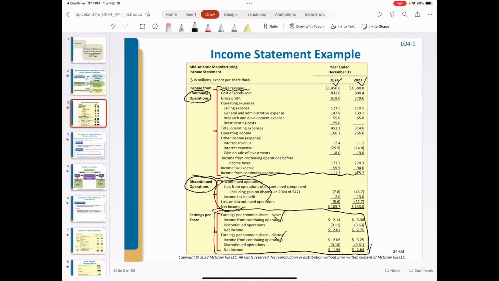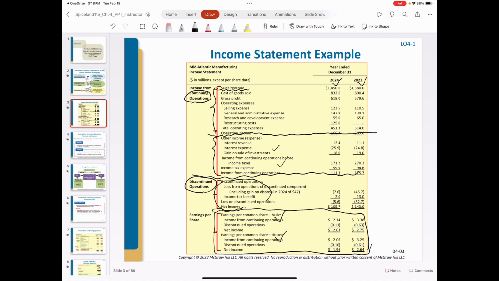Okay, and the income from continued operation can be disaggregated into operating section and non-operating section. Above operating income, these activities are related to the company's ongoing major business activities, while under are more peripheral or incidental, or these activities are more relevant to the company's investing and financing activities.